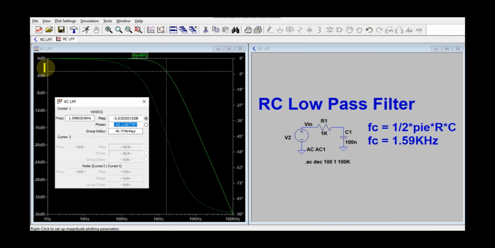Starting from here, just look at my cursor, up to this point, this is the pass band up to the corner frequency. It is passing the signals. And this is the stop band. Your output starts decaying. Okay, so I hope you understand the AC or Bode plot analysis of the RC low pass filter.